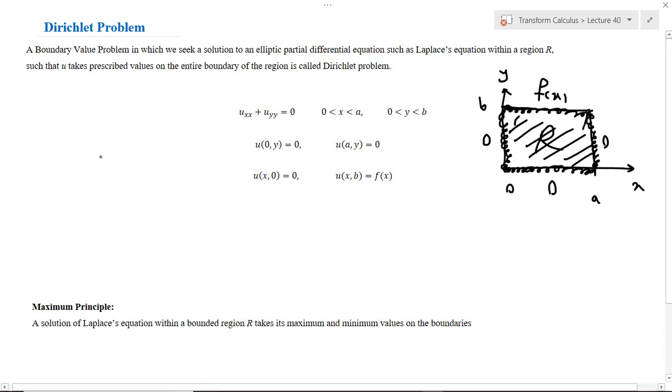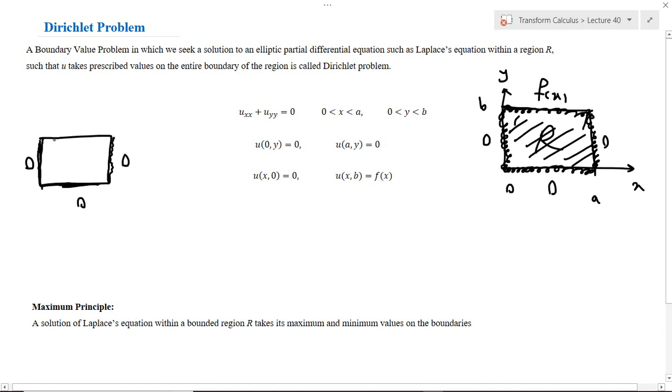I just want to clarify something. When I say here it's 0, here it's 0, here it's 0, or here it's f(x), what does it mean? Let's say I'm talking about a heat equation. Imagine I have a plate. If I say that on this boundary the temperature function is equal to 0, it means the temperature on this edge of the plate is 0, or on this edge is 0, or on this edge is 0.